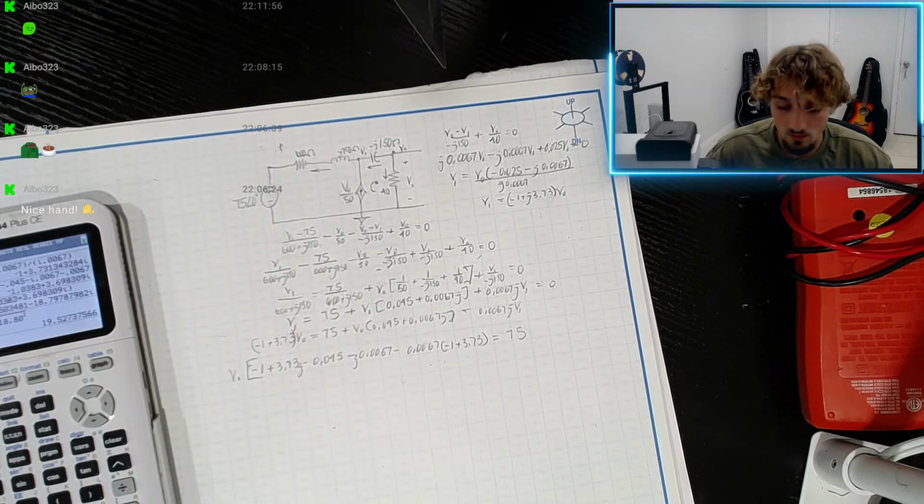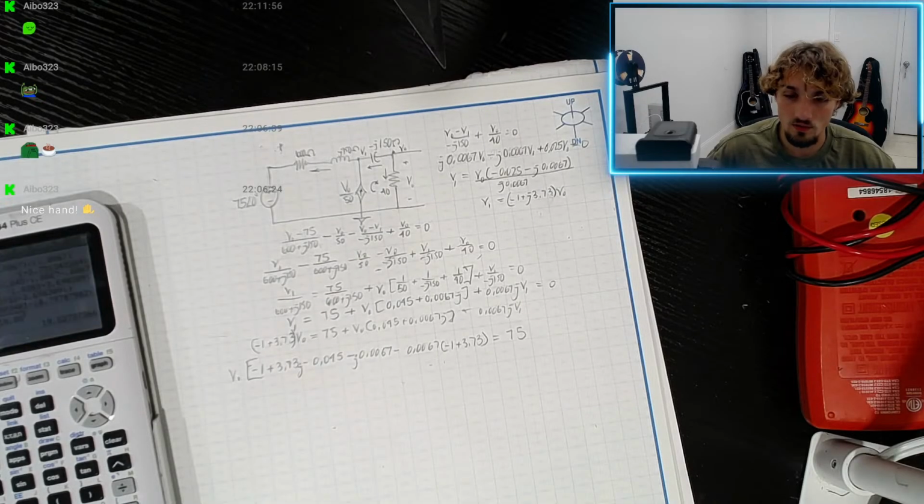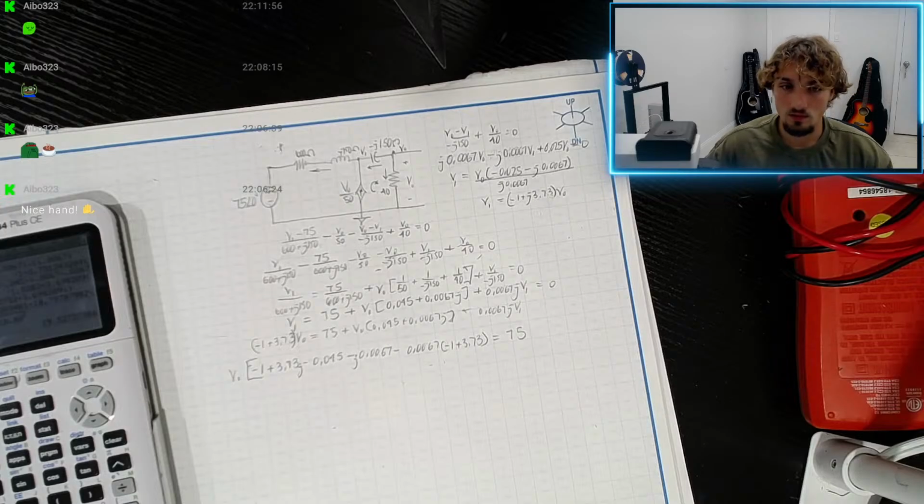V out minus V1 over negative J50, plus 1.